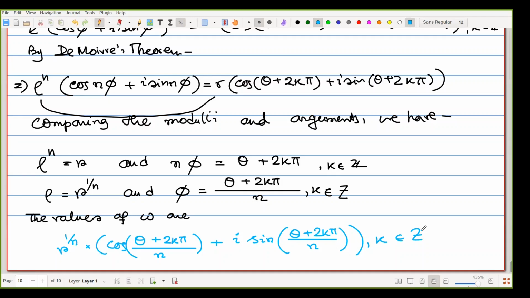Okay, so those are the values of the nth root of any complex number.